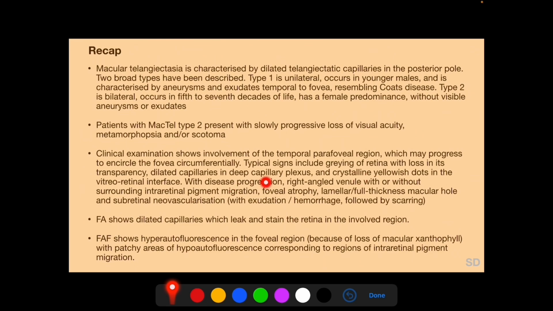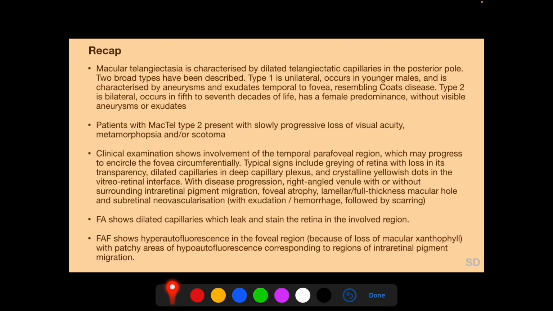With disease progression, right-angled venules with or without surrounding intraretinal pigment migration and foveal atrophy may be found. End-stage lesions include lamellar or full-thickness macular hole formation and subretinal neovascularization, which may lead to scarring.